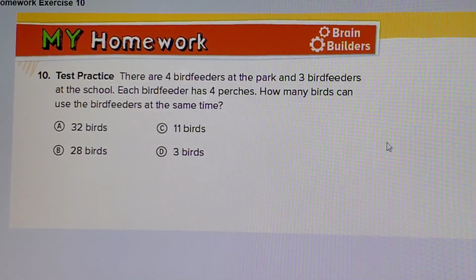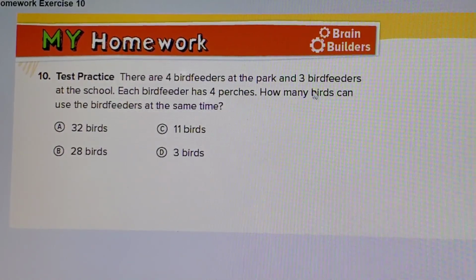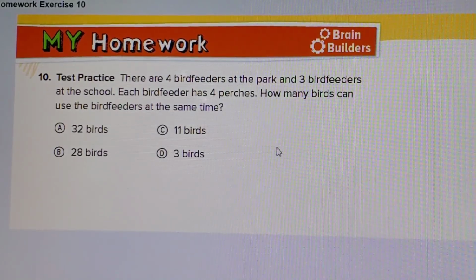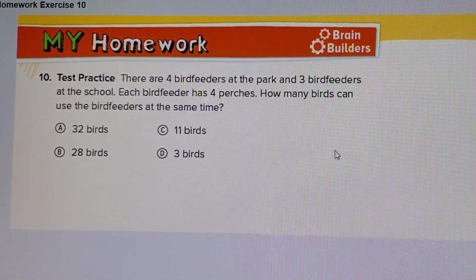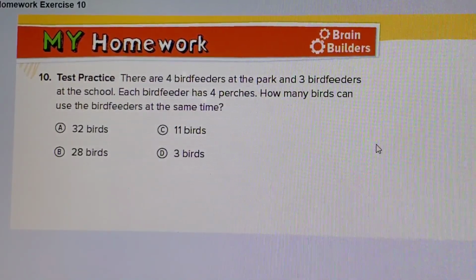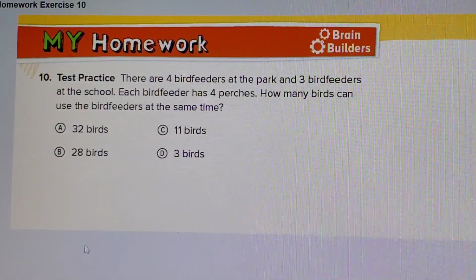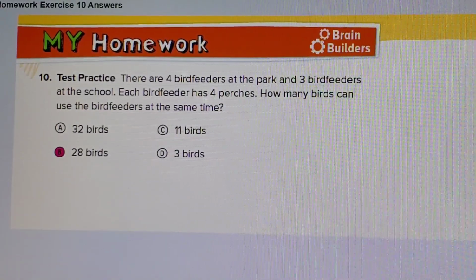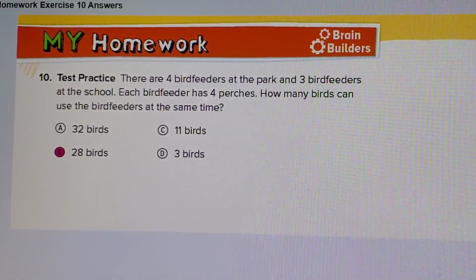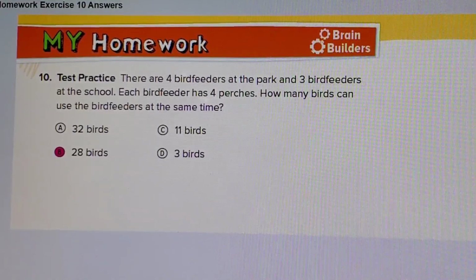So 4 times 4 equals 16. 3 bird feeders times 4 perches. So 3 times 4 is 12. And when you add 16 and 12, you get 28 birds.